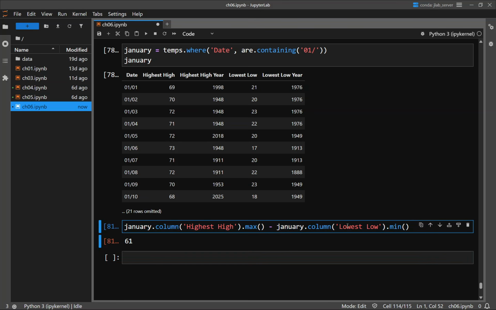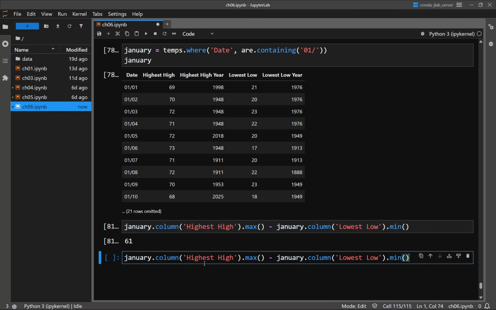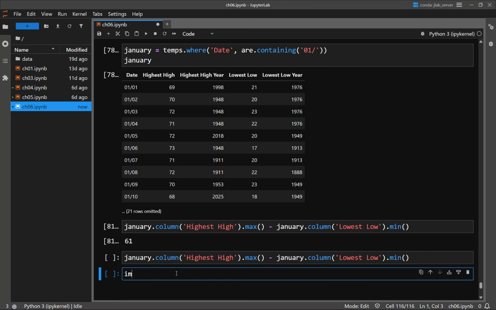Is there a range function? What do you mean by range? Is the max temperature minus the minimum? I wouldn't call that range, is the thing. Because we do have a range. We learned about np.arange, remember that?